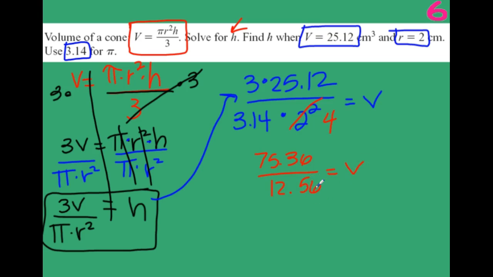And then let's just divide: 75.36 divided by 12.56 is exactly 6. Alright, so the volume of our cone is 6, and volume is cubed, so centimeters cubed, because there's 3 dimensions.